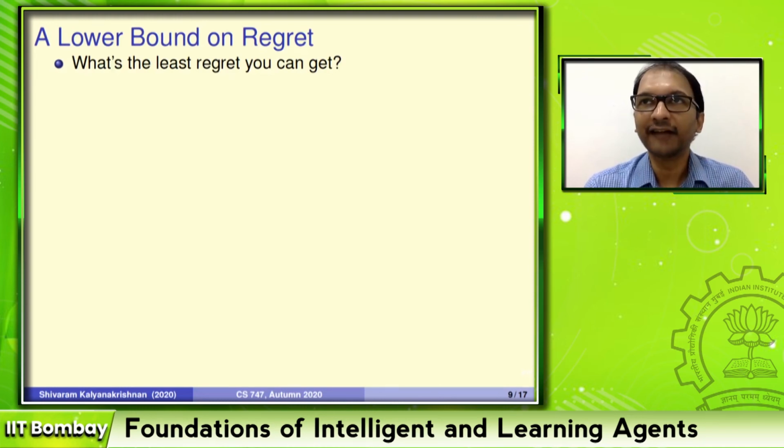Now, we have to be a little careful in terms of how we ask this question. What's the least regret you can get? Suppose I ask you this question. If you think about it, you can actually get zero regret sometimes. Imagine that you have an algorithm that is always pulling arm 3 in a bandit instance. Now suppose it is running on a bandit instance in which 3 is the optimal arm.